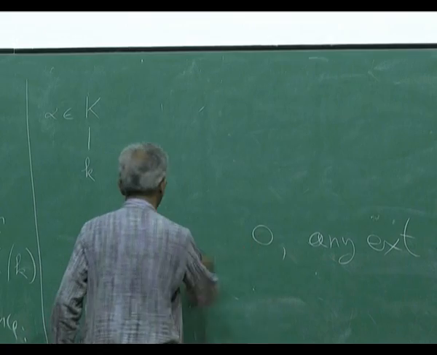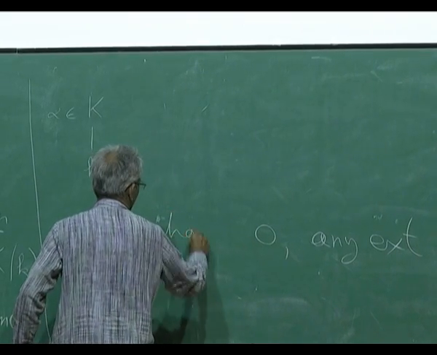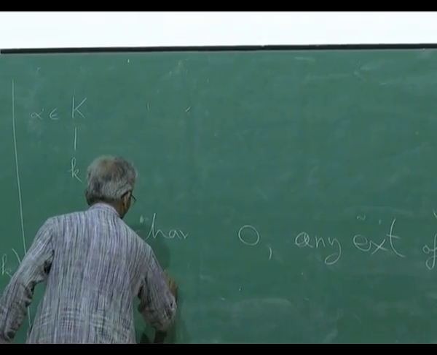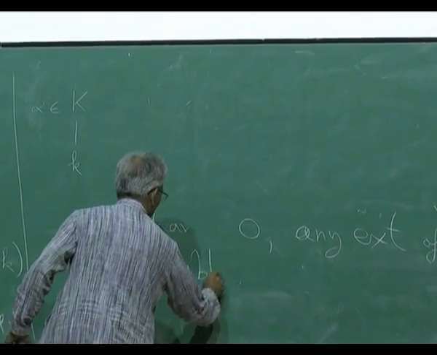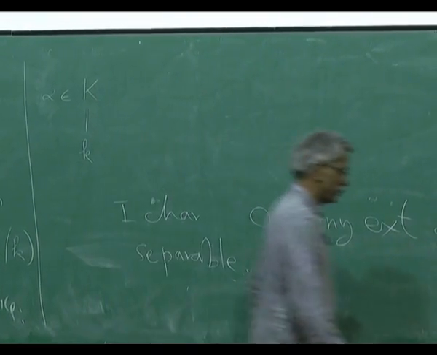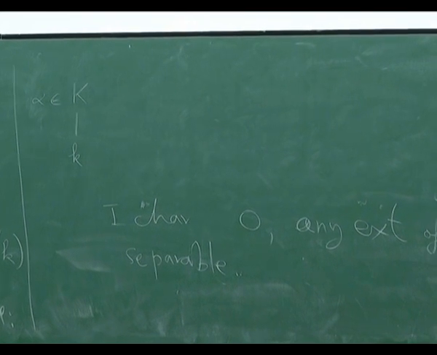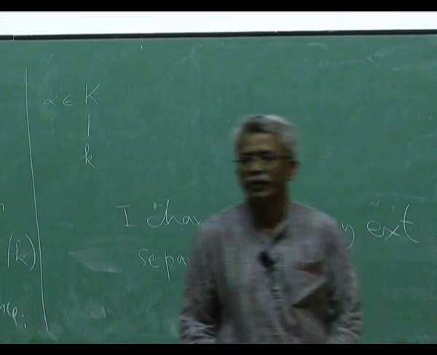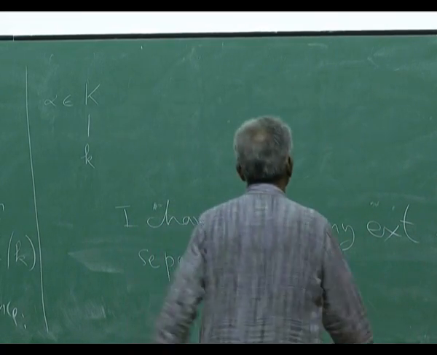In characteristic 0, any extension of K is separable. But before I describe what is a normal extension, maybe I should do an example, then things will become clear.